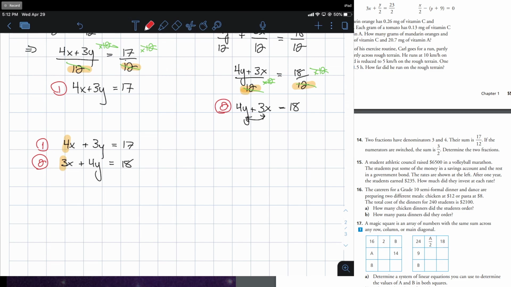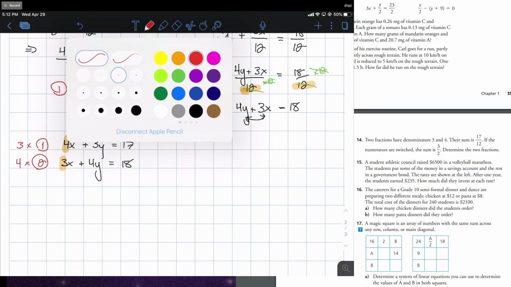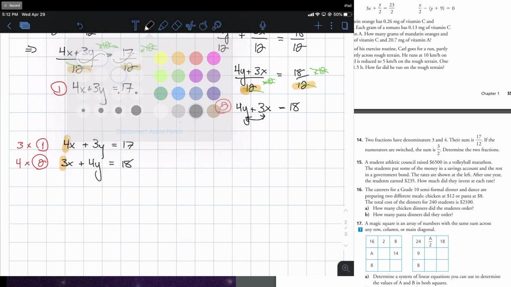And now let's aim to try to eliminate our x term here. In order to do that, I'm going to multiply equation 1 by 3, and I'm going to multiply equation 2 by 4. That'll give me two new equations that will easily let me eliminate our x variable.